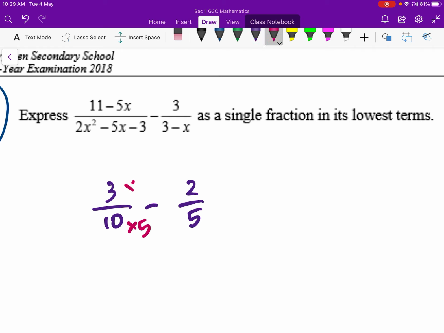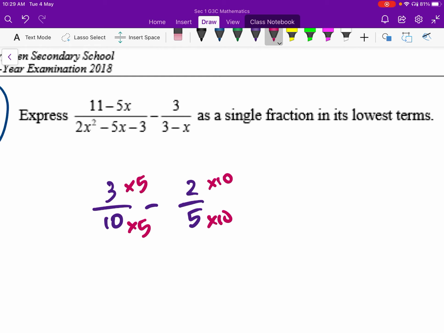Akila, is this a good idea? Why not? What about the denominator? I made it the same. Sorry, the other side. This is what I meant. Times 10, times 10.